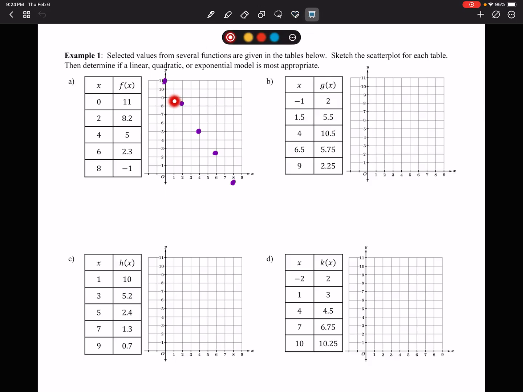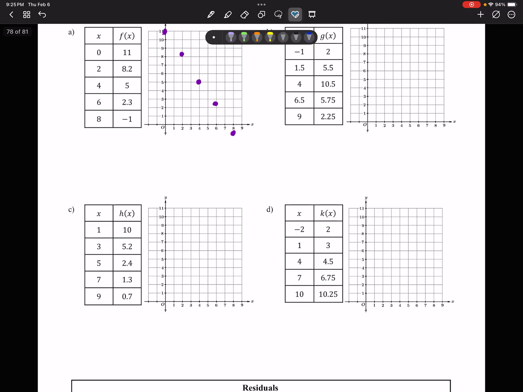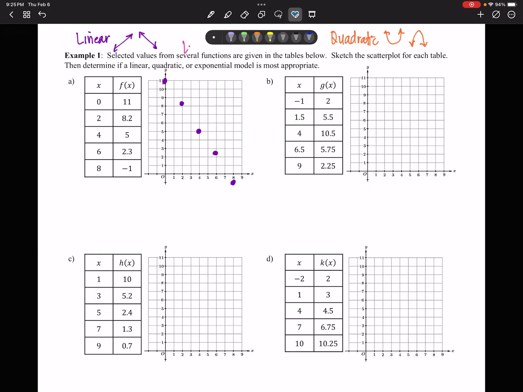Now this very much looks to me, we've got linear, quadratic, exponential. Linear obviously is looking like that, could be horizontal. Quadratic, we're looking at that U-shaped curve, either opening up or opening down. And then exponential, well, we know that we've got lots of different pictures that are exponential.